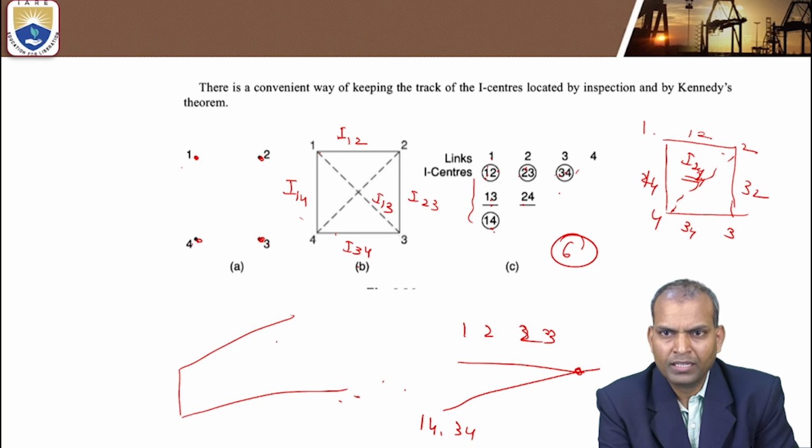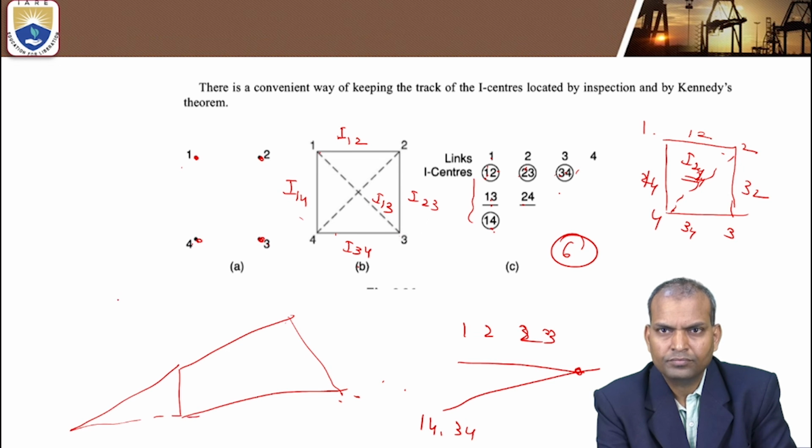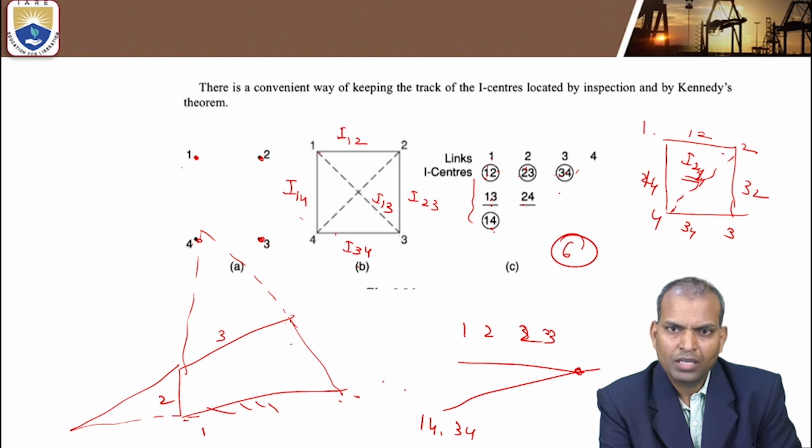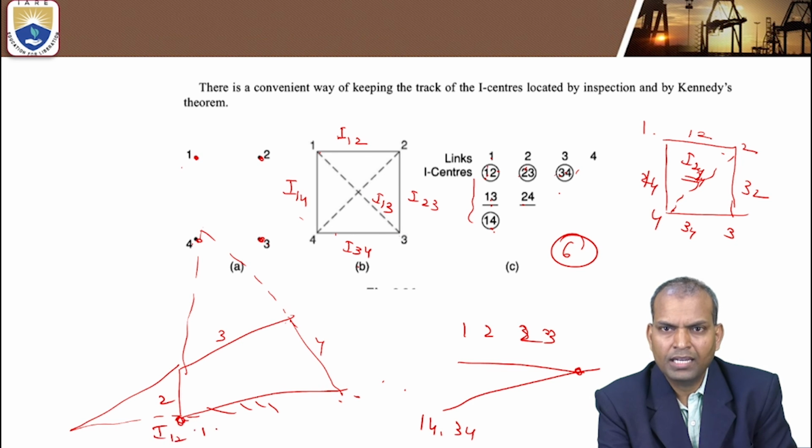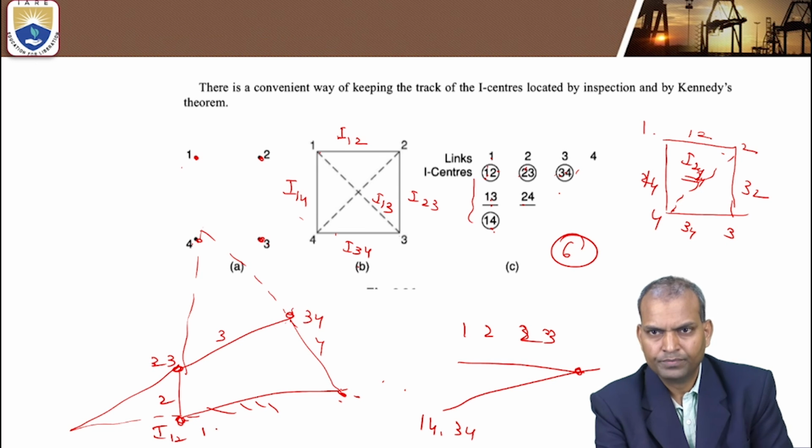Here, as I told you, this is a 4-bar mechanism. So link 1 is fixed, links 1, 2, 3, 4. This is I1,2 and this is 2,3 and it is 3,4 and it is 1,4.